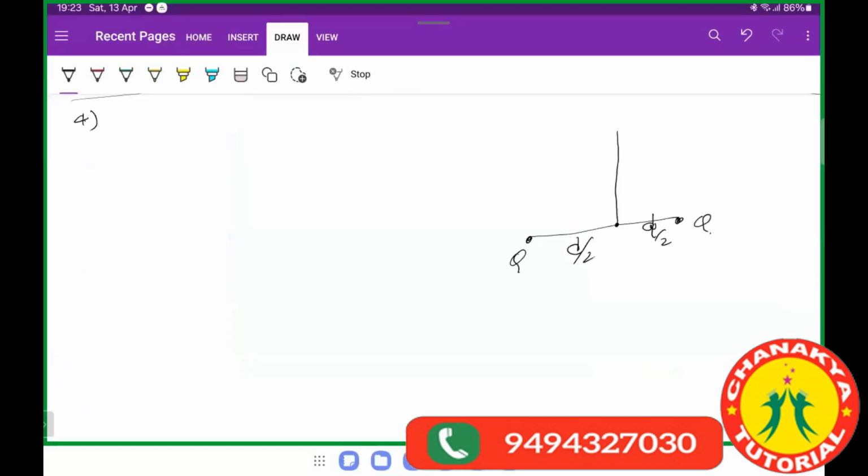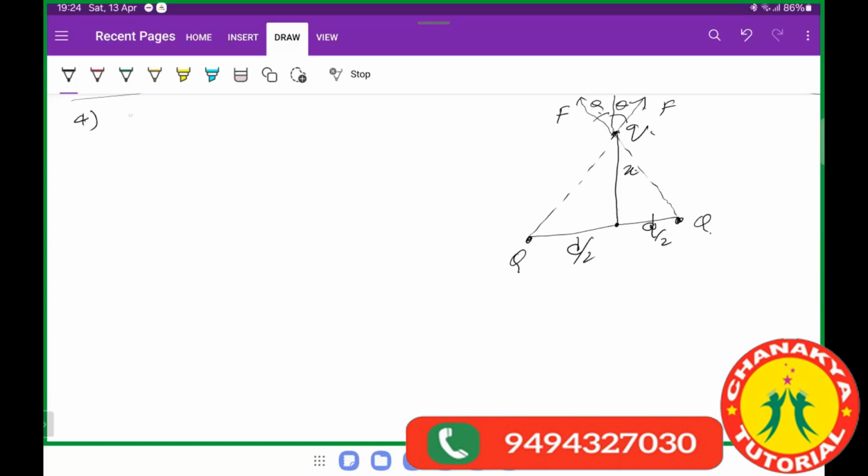This is charge Q. This is small q, distance x. This is your theta angle. So force F here, this also force F here, due to this one, both will be same.